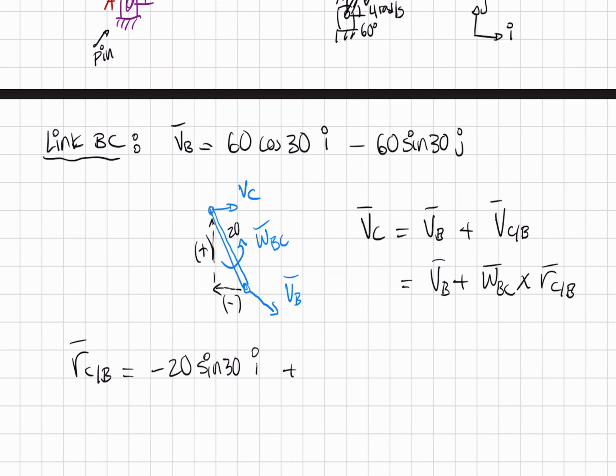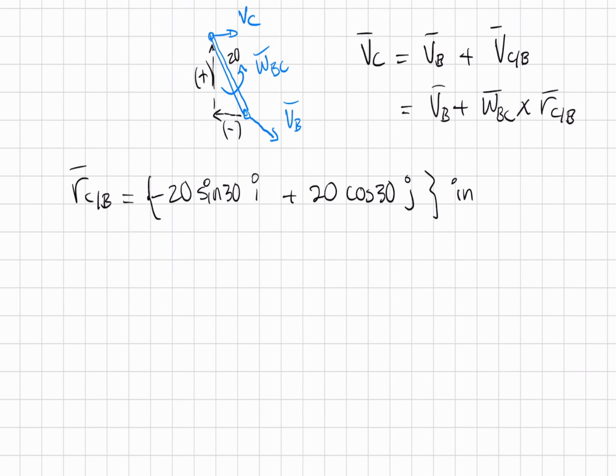And then we have plus 20 cosine of 30 j. And this whole thing is written in inches. It's useful to have the units, and in fact, I need to put the units down here too. So these are my units.